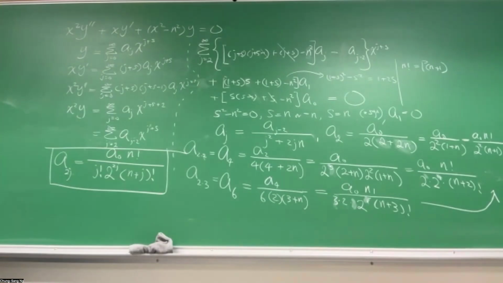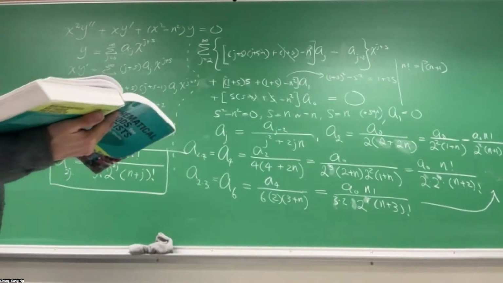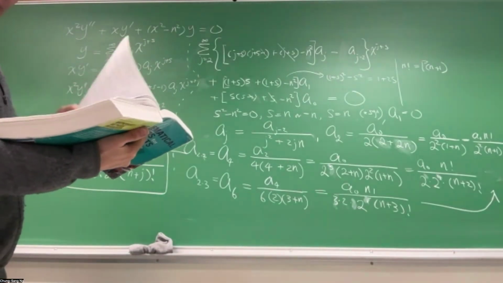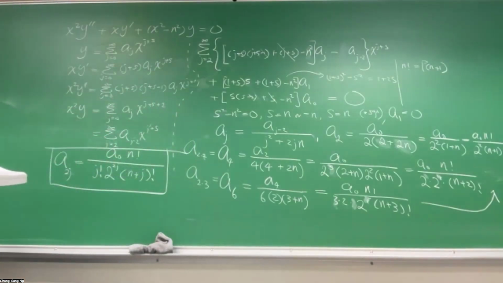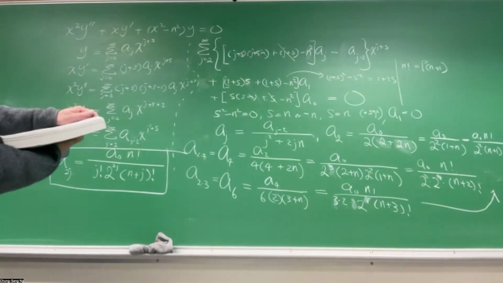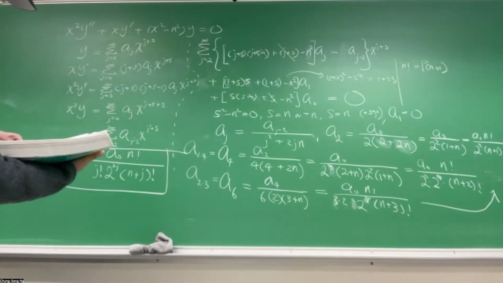The easiest one is to look up the textbook and see whether they got the same form. Oh, did I miss a negative sign? Why did I miss a negative sign? Did I get a sign wrong?